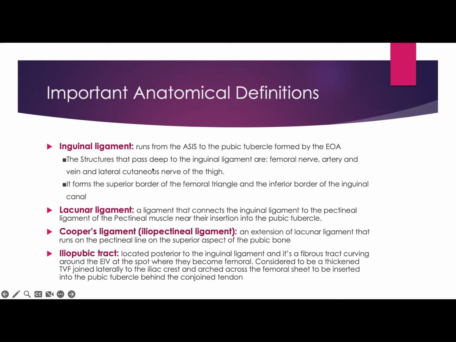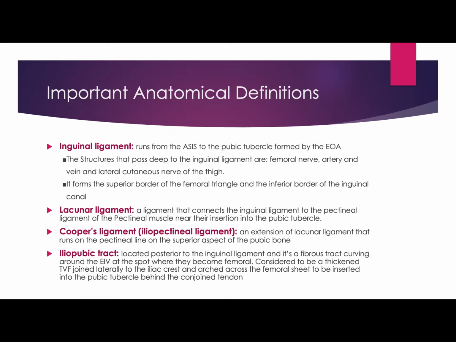The structures that pass deep to the inguinal ligament, so these are the contents, are the femoral nerve, artery and vein, and the lateral cutaneous nerve of the thigh. It also forms the superior border of the femoral triangle. And inside the femoral triangle, we will have the femoral hernias. Okay.